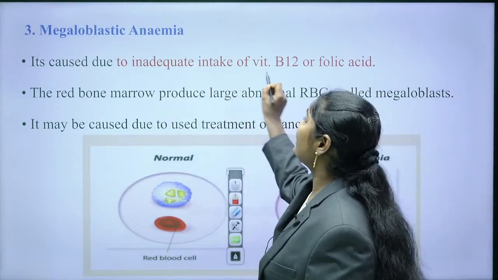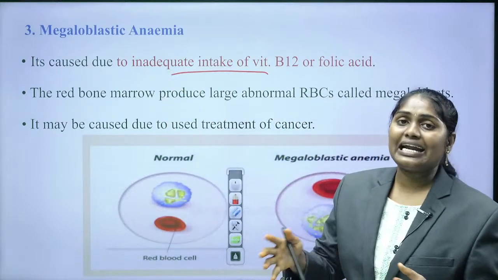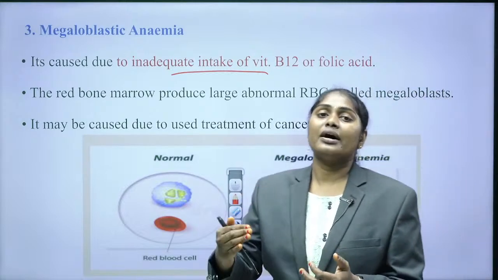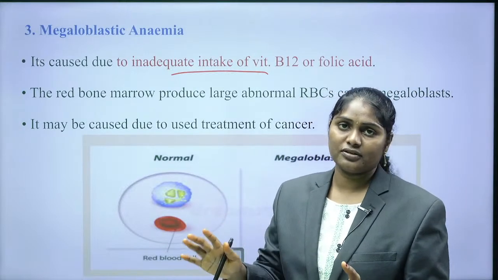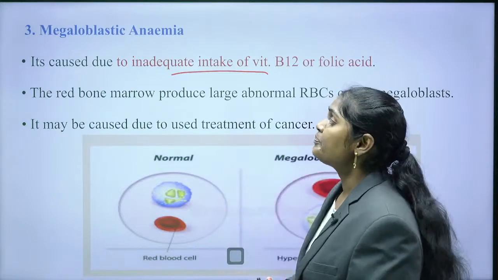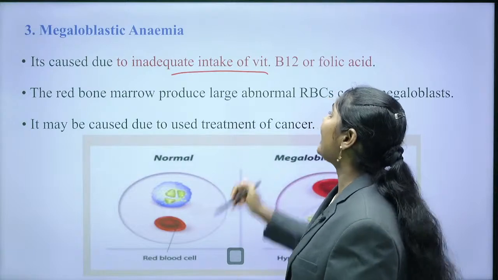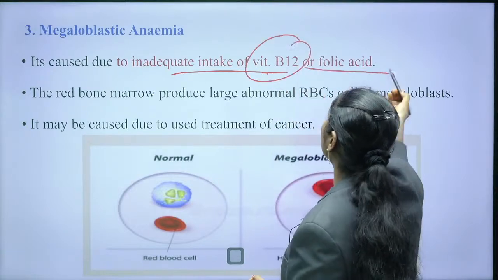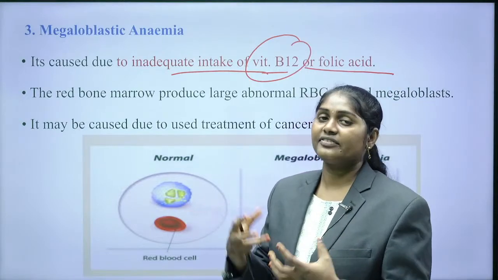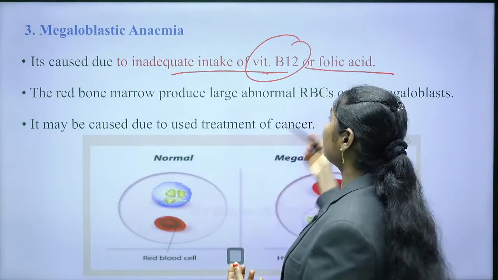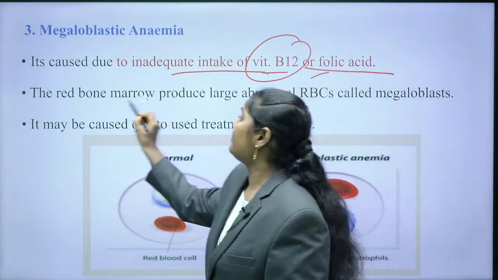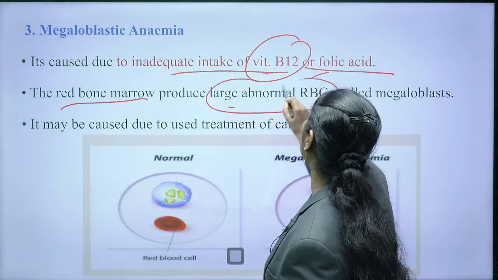Pernicious anemia is also a condition where you have a deficiency of vitamin B12, but there the deficiency is not through diet, it is through intrinsic factor. Here it is caused by inadequate intake of vitamin B12 or folic acid. If you are not taking proper diet from an external source, that leads to a condition called megaloblastic anemia. The red bone marrow produces large RBC cells.